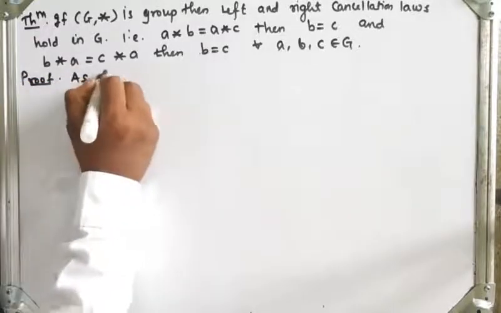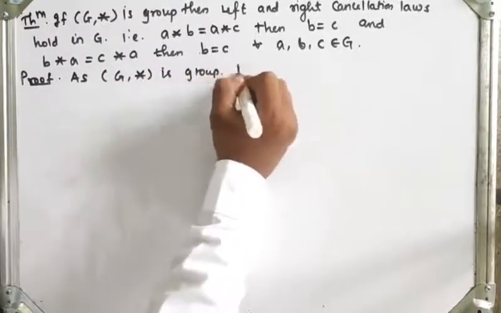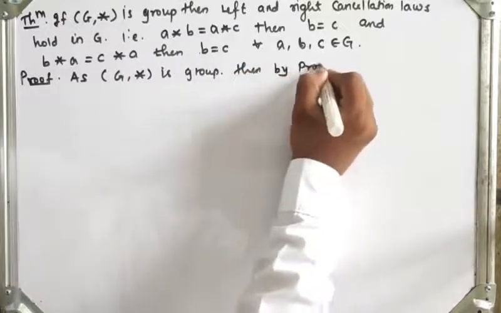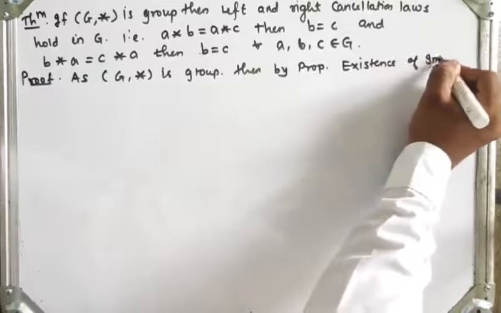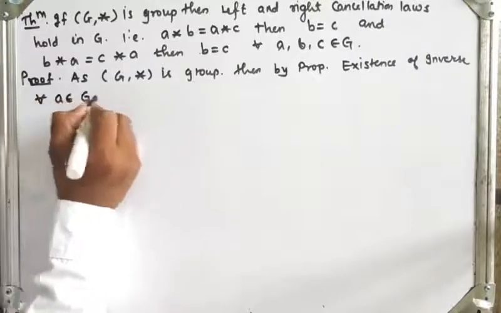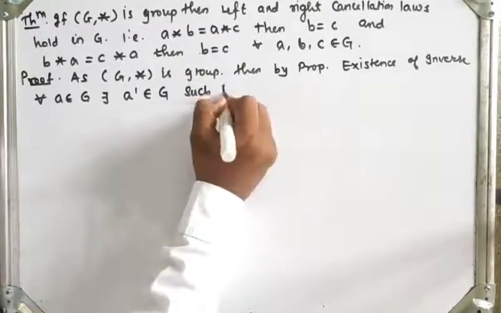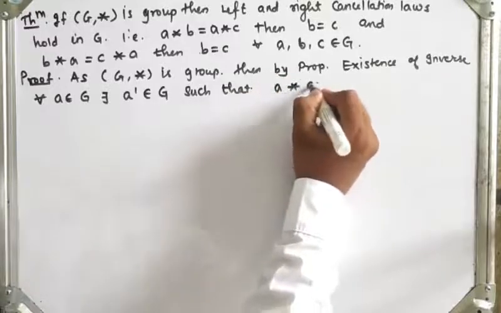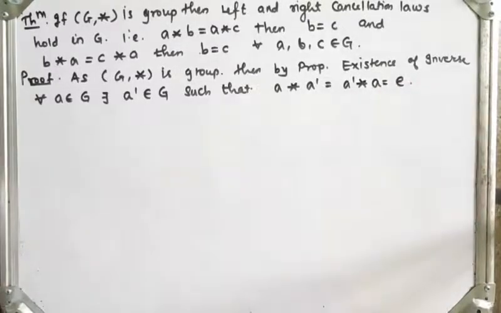As given, G under binary operation star is a group, so by the property of existence of inverse: for all A belonging to G, there exists A dash, again belonging to G, such that A star A dash is equal to A dash star A is equal to the identity.